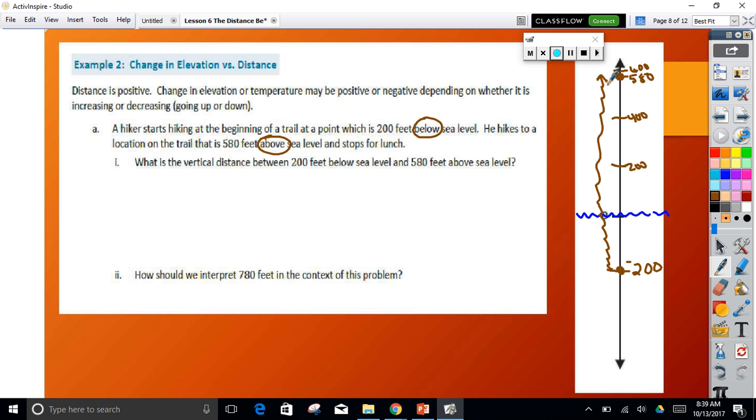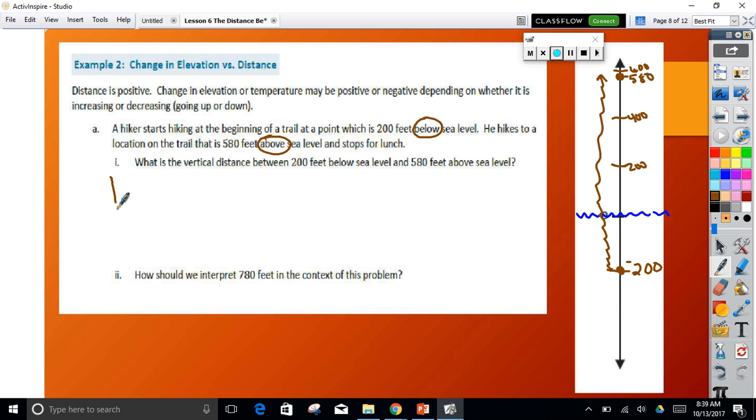The first question asks, what is the vertical distance between 200 feet below sea level and 580 feet above sea level? So if we look at the number line, it's kind of obvious that we would have to add 200, because it's 200 units from the negative 200 to the 0, and then 580. But if we do it using the formula, we could start at either number.